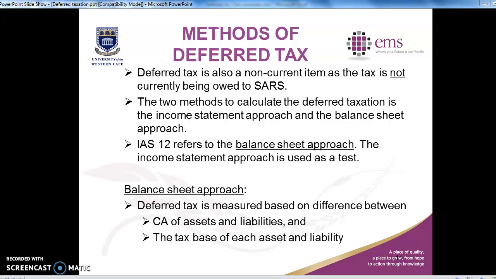So the thinking behind the balance sheet method is that the deferred tax balance, whether the balance is a liability or an asset, represents the expected future tax which will be payable or receivable, that will be levied on the expected future transactions that have already been recognized in the financial statements.